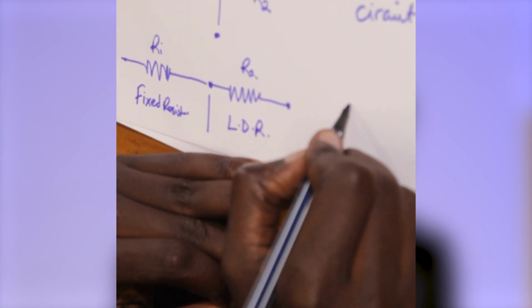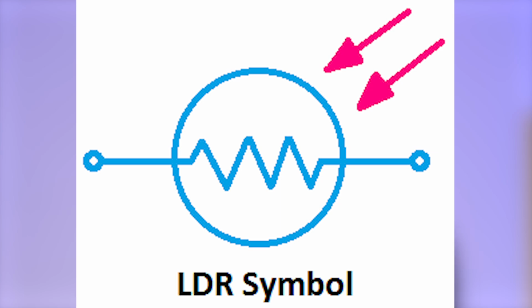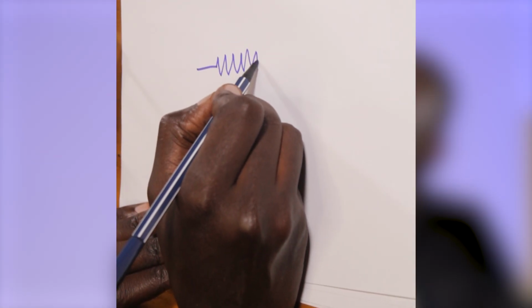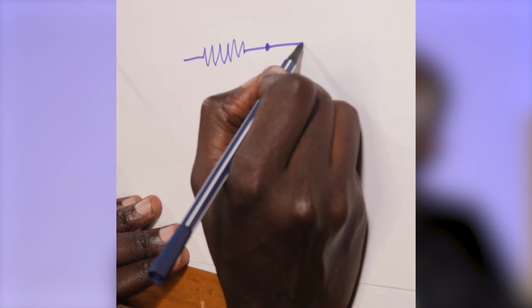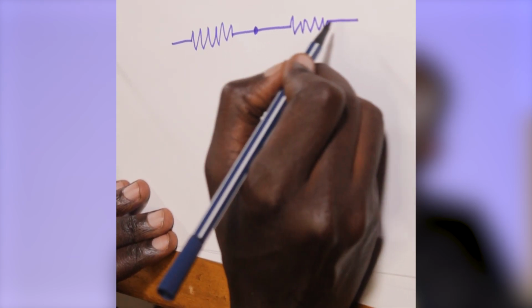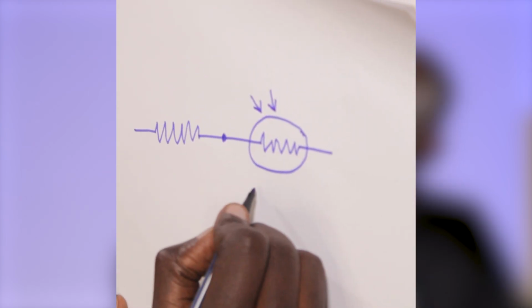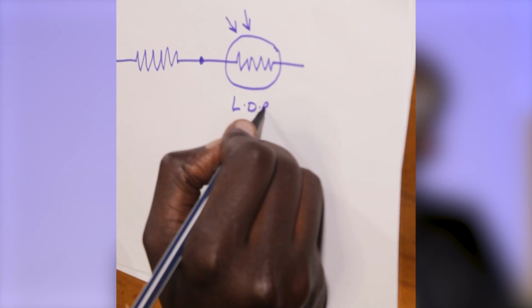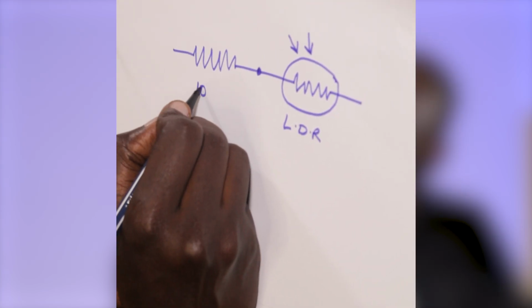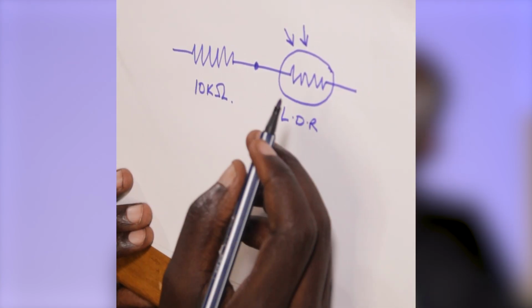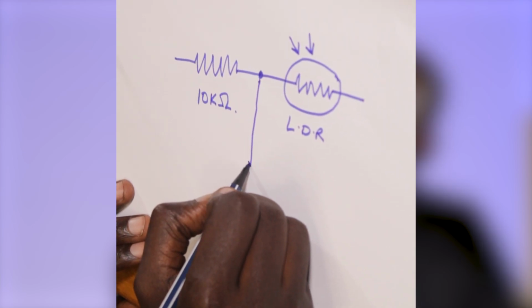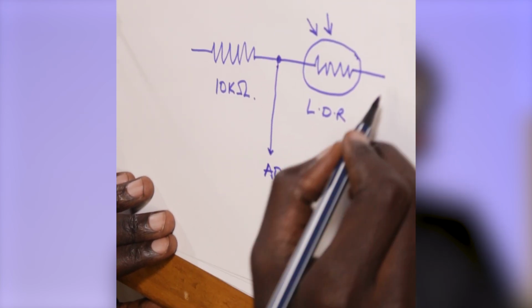Now the symbol for a light dependent resistor is with arrows showing light. So let's combine the two. So our circuit now is going to have a light dependent resistor and a 10K ohm resistor here, and then this will go to analog 0.